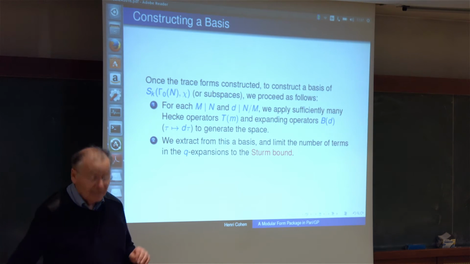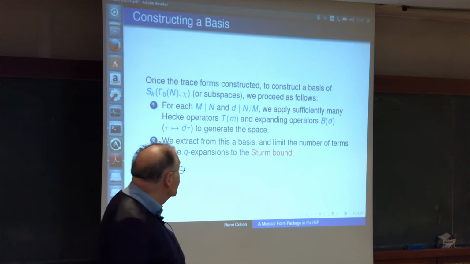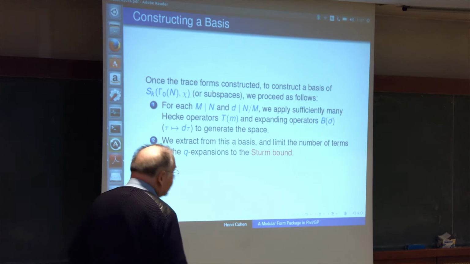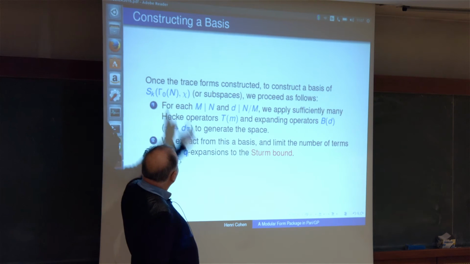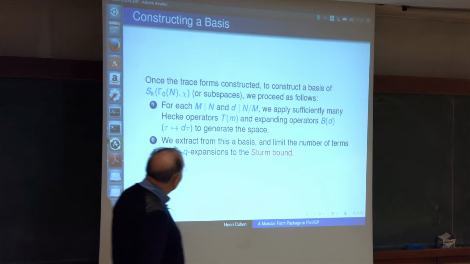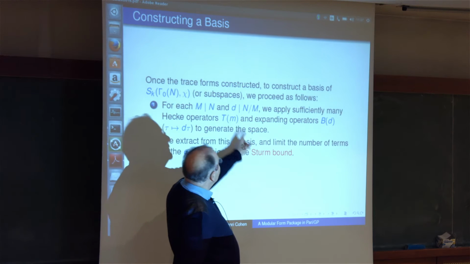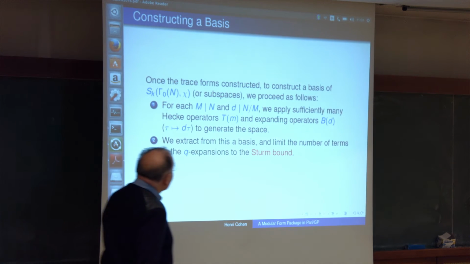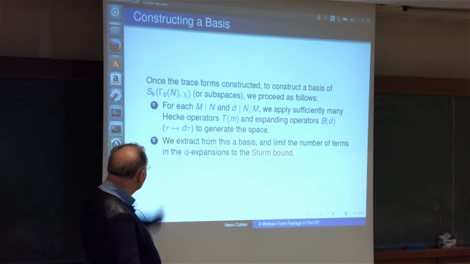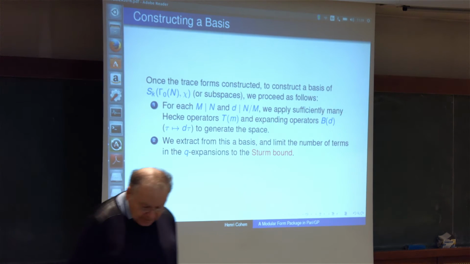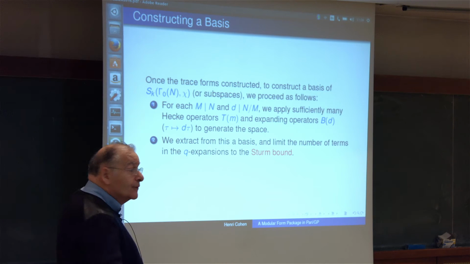So once you have the trace form, of course, to construct the space is not difficult when you know the theory. First, you range through all the divisors of the level, and then you range through the divisors of N over m. You apply Hecke operators, you apply expanding operators, tau goes to d tau, and you generate the space in this way.